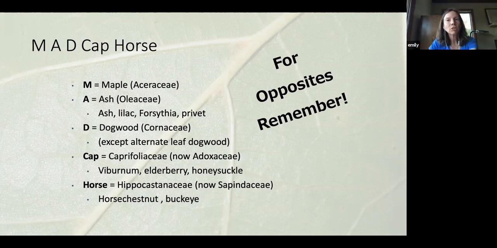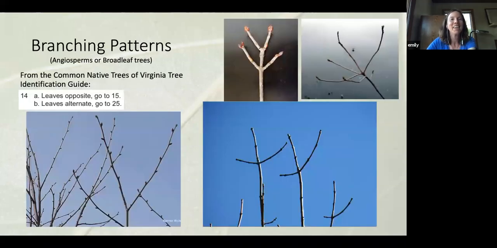So now that we have finished all of the opposites, we're going to go into the alternate realm. And hopefully I will have done this in a way that everybody will understand, or at least you'll get insight into how I think. So I'm going to go back and show you that branching pattern slide one more time, because we're going to take that 14B trek for leaves alternate.